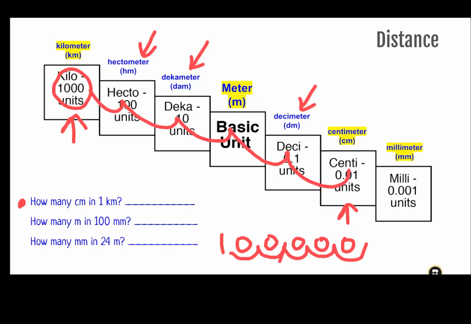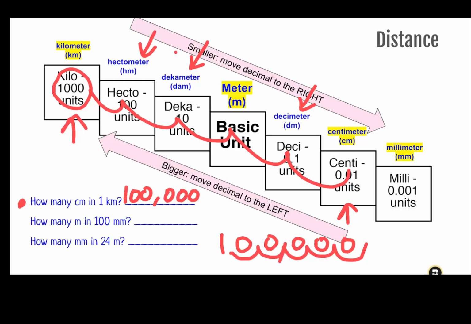That tells you that there are 100,000 centimeters in 1 kilometer. We just used the graphic organizer to do the conversion for us, basically. All you have to do is hop your decimal point to the right if you're going to a smaller unit, or hop it to the left if you're going to a bigger unit.